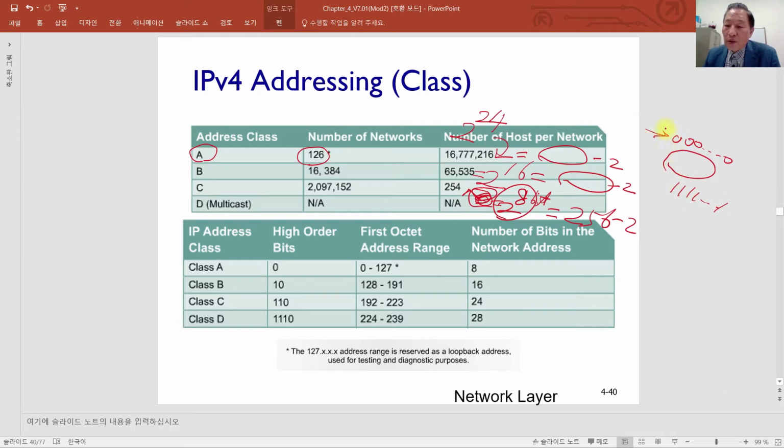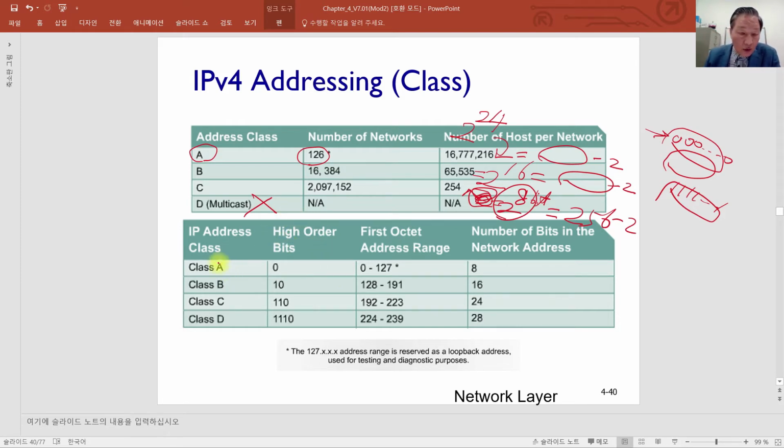One is used for network identification, and the other is used for broadcasting purposes. The next slide will explain it. And you don't need to worry about the multicast D class.